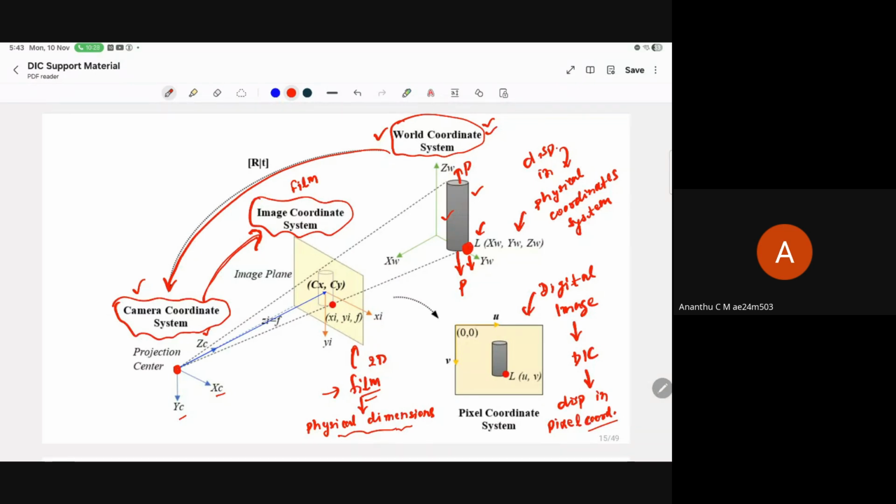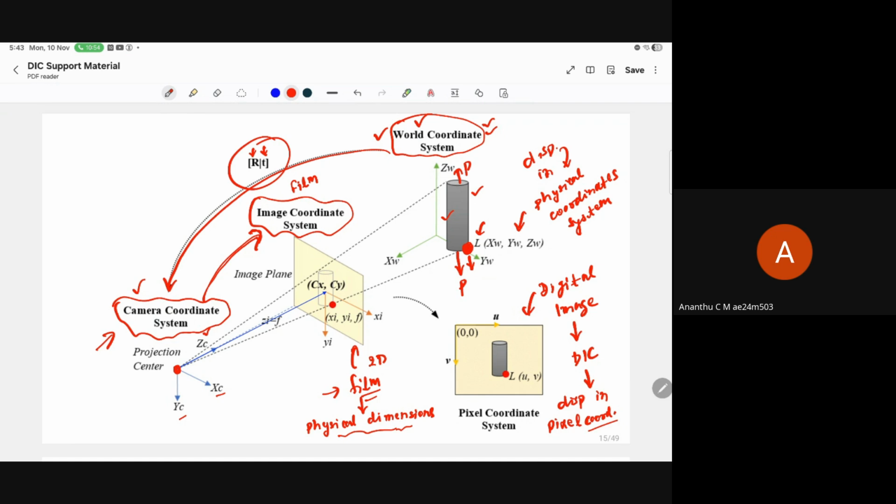So fundamentally, what is happening in this whole DIC experiment? There is an object in the world coordinate system, and you have a camera which is focusing on the object. This camera is also placed in the world coordinate system, and that can be understood by a combination of a rotation matrix and a translation vector.